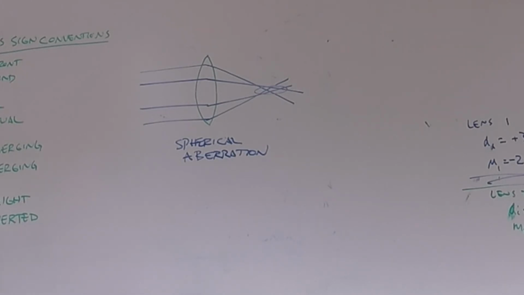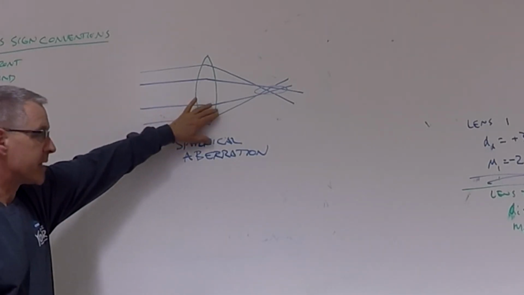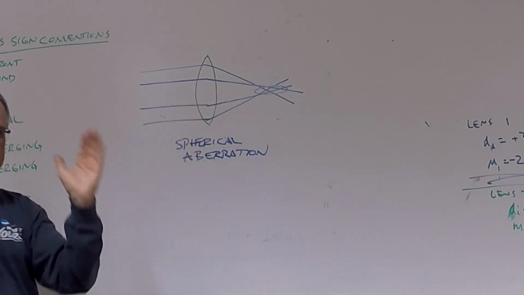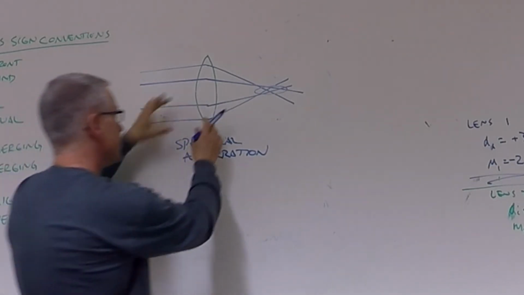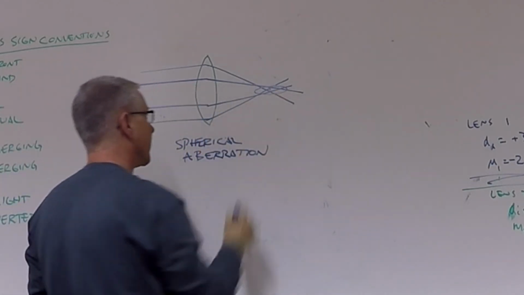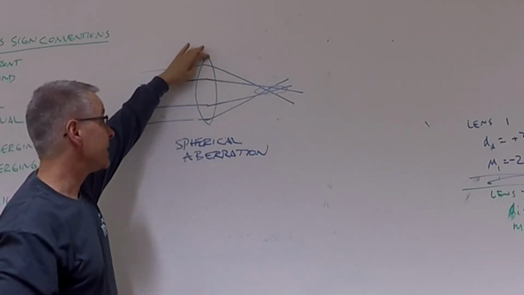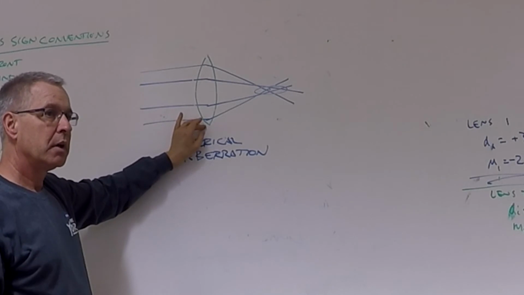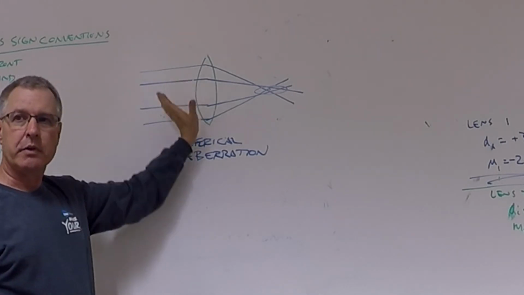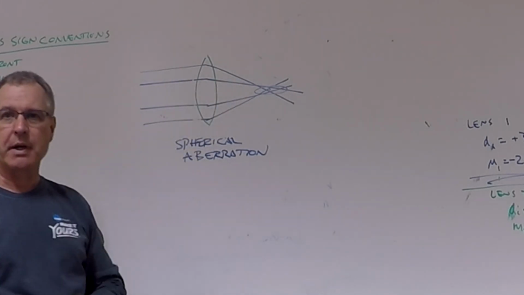A way to correct for that is don't have these exactly spherical. You can distort them a little bit to get these guys all to converge at the same spot right here. So you have slightly different curvatures. So a spherical lens has the exact same curvature all the way around. If you have one that's not quite spherical, you can actually adjust that and get things to focus right.